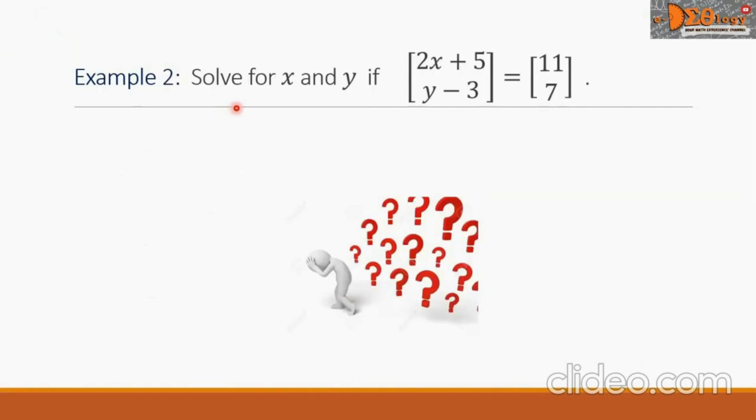Example 2, solve for x and y if the column matrix with first entry 2x plus 5 and second entry y minus 3 is equal to the column matrix 11, 7 respectively.